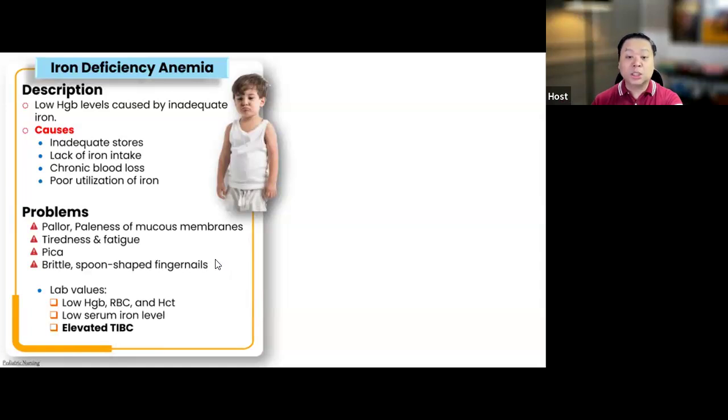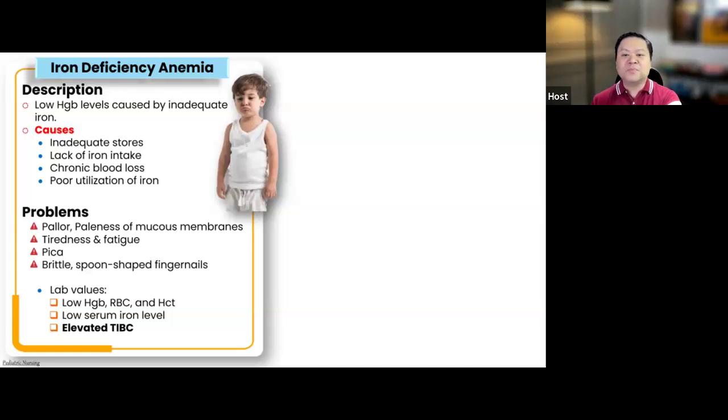It will be lower. Now, what you will see in the laboratory result is also a low iron level. Another is what we call elevation of the TIBC. So what is TIBC? That simply means the total iron binding capacity of the blood.